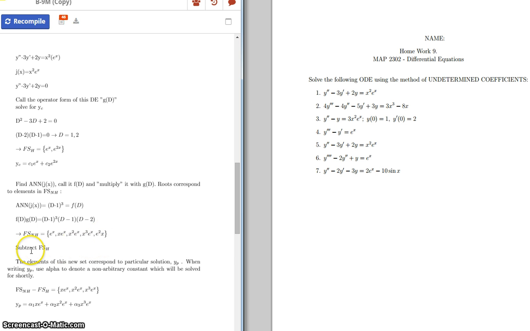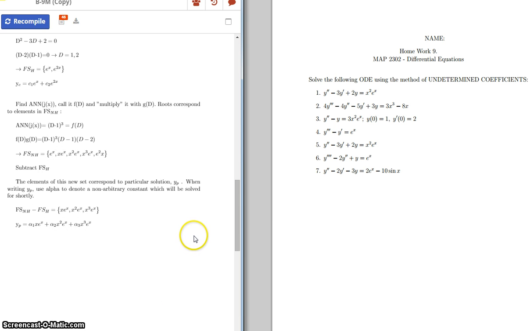Alright, now we subtract fsh from fsnh, and the elements of this new set, the set resulting from that subtraction, correspond to the particular solution, yp. So, by the way, when we write yp, use alpha or ABC or whatever symbols you're comfortable with to represent the coefficients of your variables in yp, because these are known coefficients.